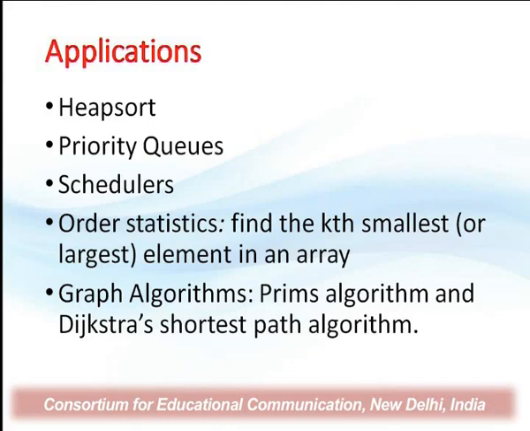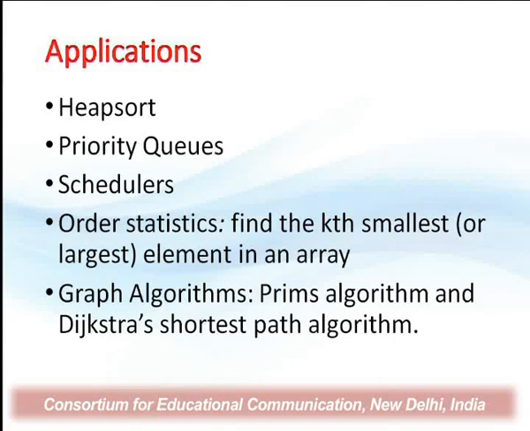Then you have schedulers, for example CPU schedulers or some job schedulers. In those cases also the jobs or tasks have their own priorities. Then heap data structures can also be used for order statistics. Order statistics is nothing but finding the kth smallest or kth largest element in an array, and it can be calculated very efficiently using the heap data structure.